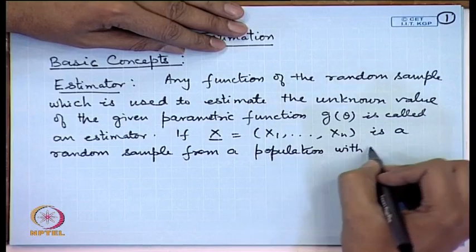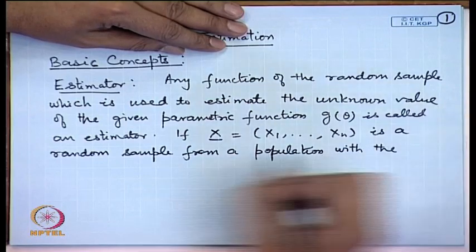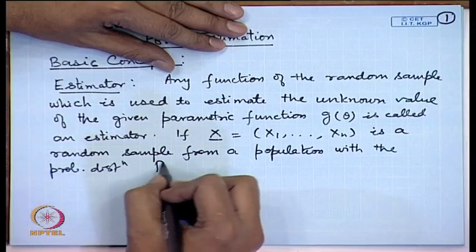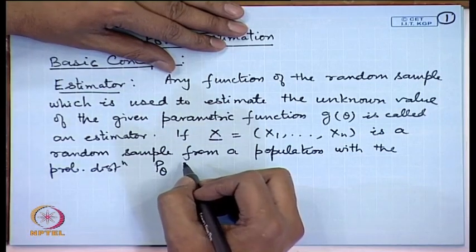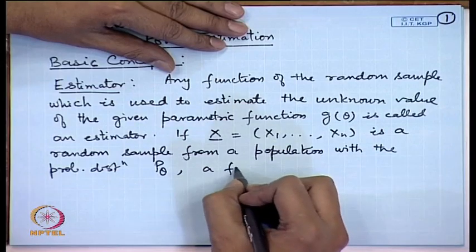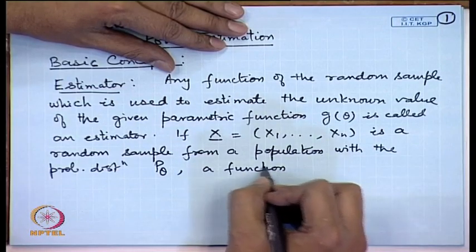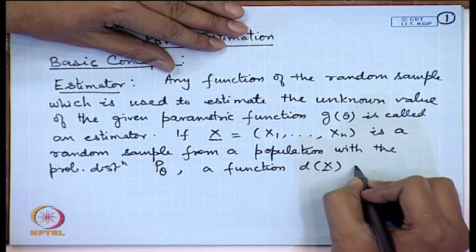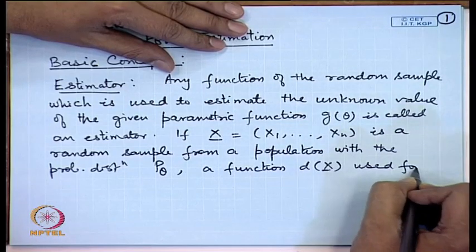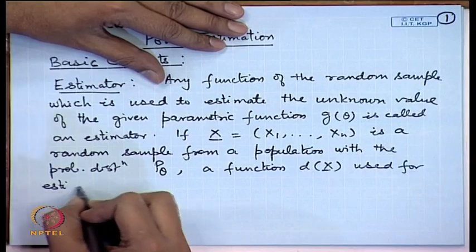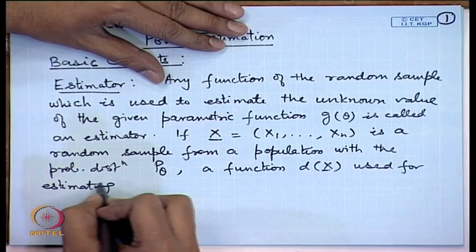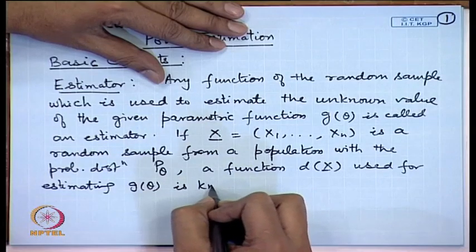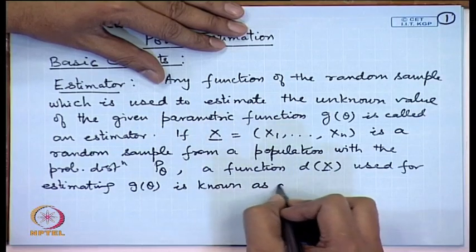So, a population with the probability distribution say p theta, then a function say d x which is used for estimating g theta, then this is known as an estimator.